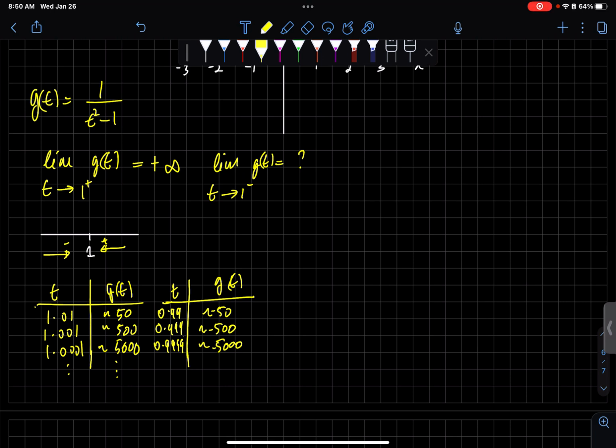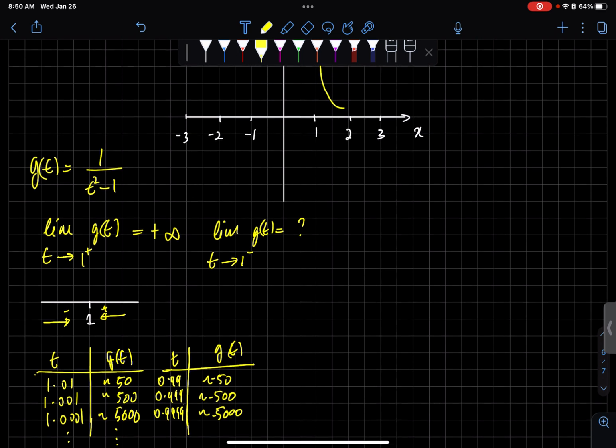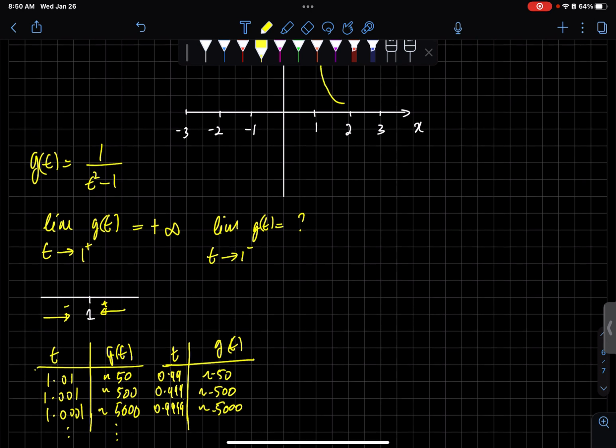Okay, so just to double check, 0.9999 squared, 1 minus that, 1 over the answer. Yeah, so these are negative numbers, right? So as t gets closer and closer to 1 from the left, we are going off in the negative direction.